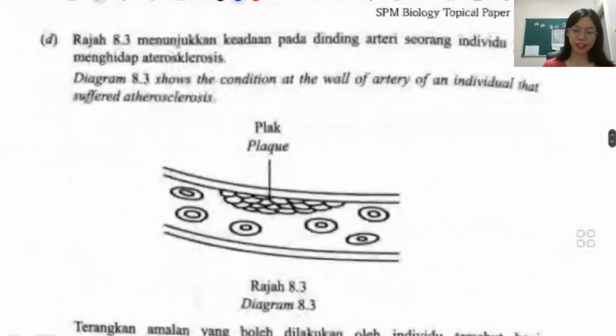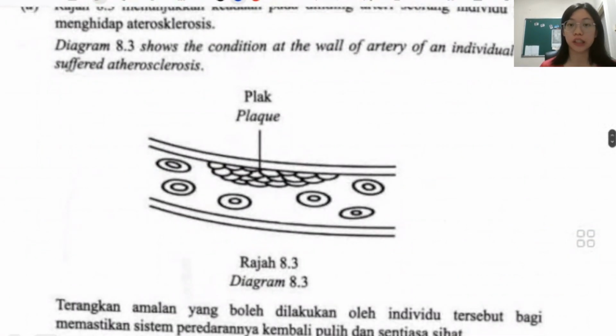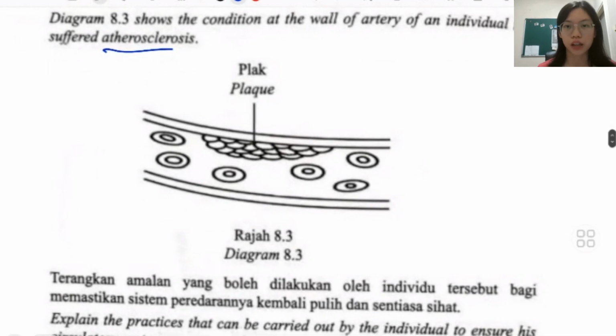Okay, so moving on to the next one, the wall of the artery of an individual who suffered with arteriosclerosis. They are so generous, they straight out mention he suffered with arteriosclerosis. You don't have to be Detective Conan to figure out what that is. You can see there's a plaque deposit on the inner wall of the artery.